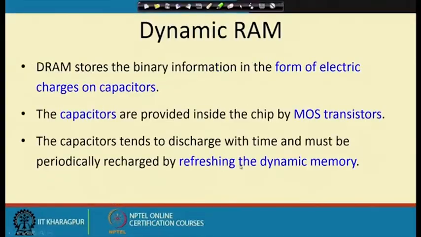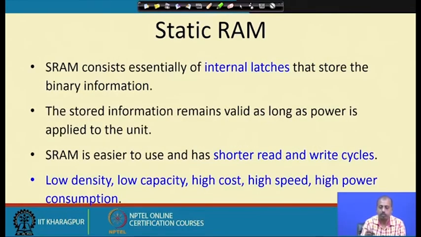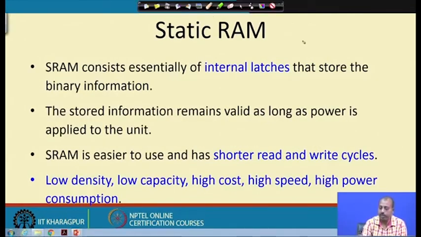There is another variant of RAM which is known as dynamic RAM or DRAM. It stores the binary information in the form of electric charges on capacitors. In case of static RAM, conceptually it is like this. You have two inverters which are connected back to back. Once this is equal to 1, this is equal to 0, and since this is equal to 0, this is equal to 1.